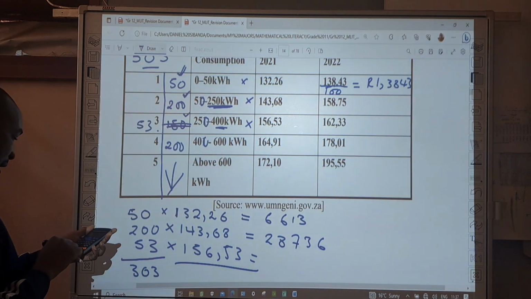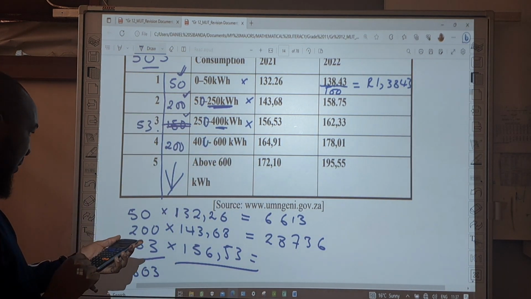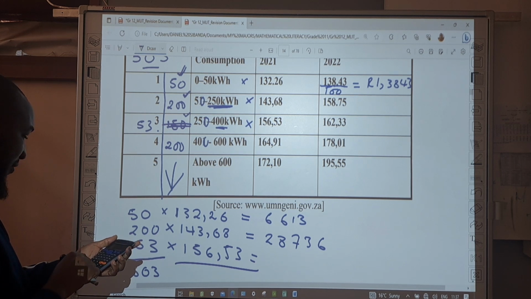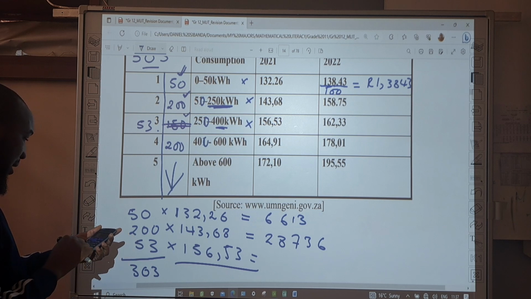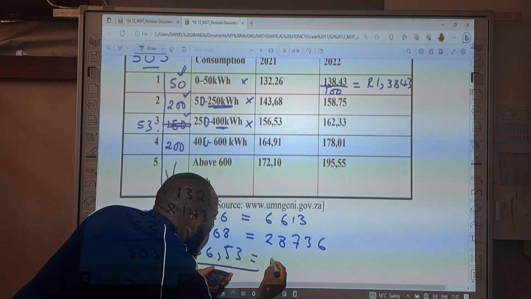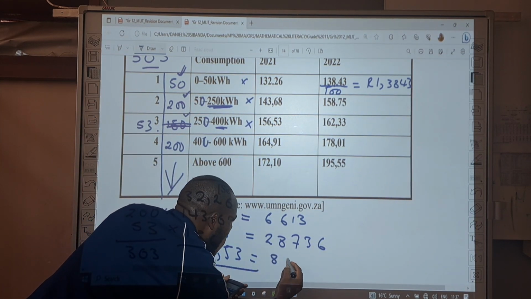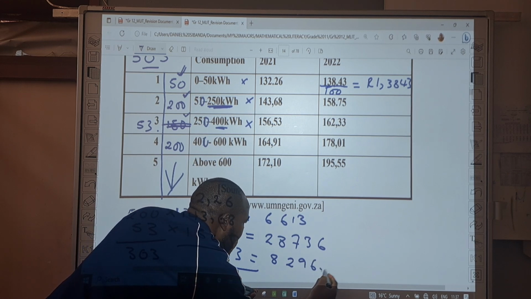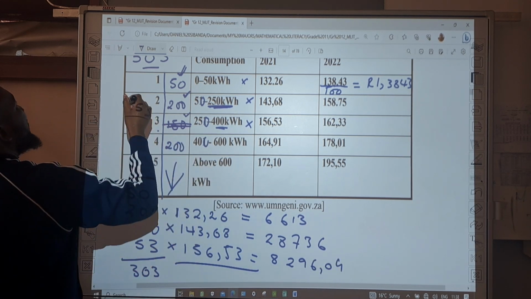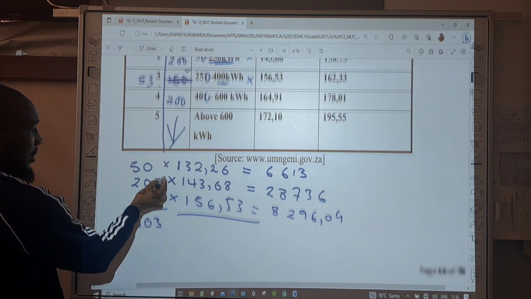And then 53 multiplied by 156,53 will give me 8,296,09. Perfect.